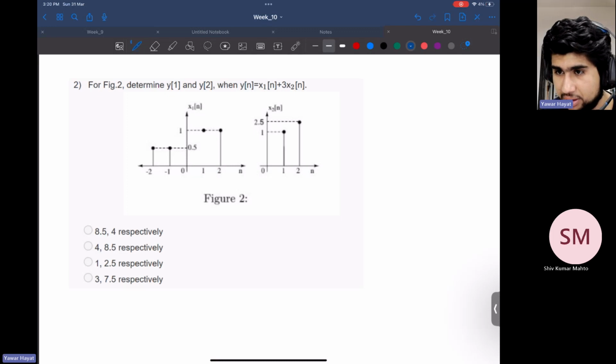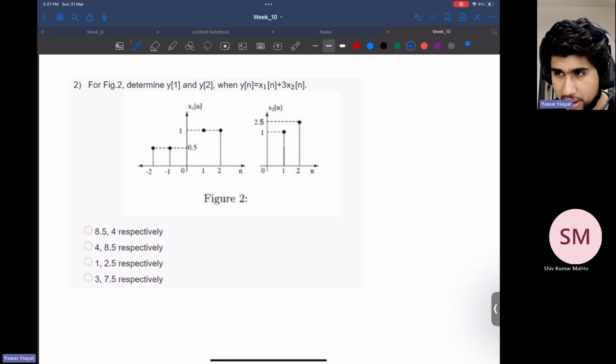you need to determine the value of y of 1 and y of 2. If y of n is equal to x1 of n plus 3 times x2 of n, and you have been provided x1 of n and x2 of n, so what should be y of 1 and y of 2?